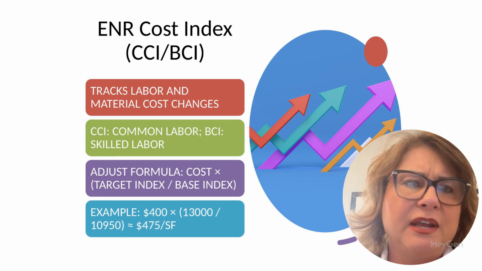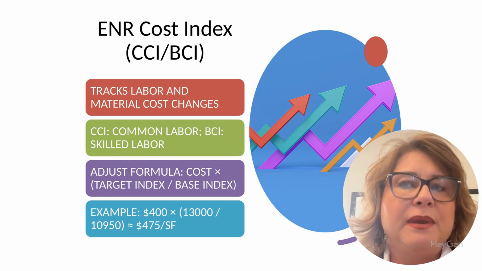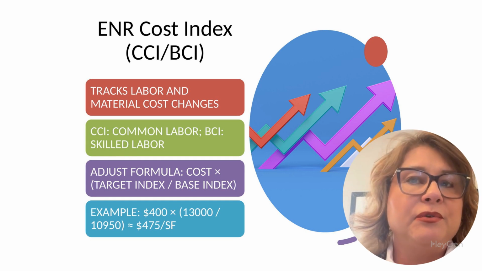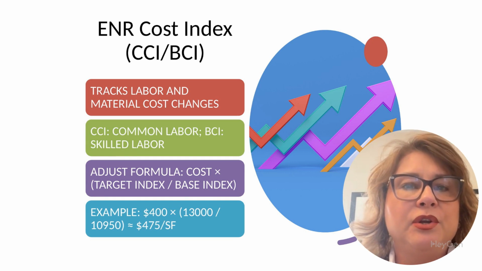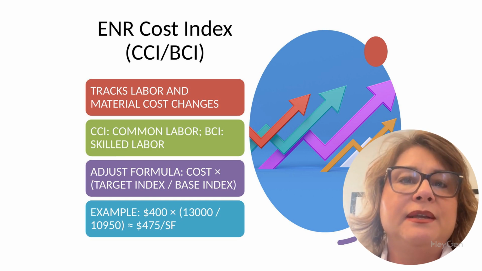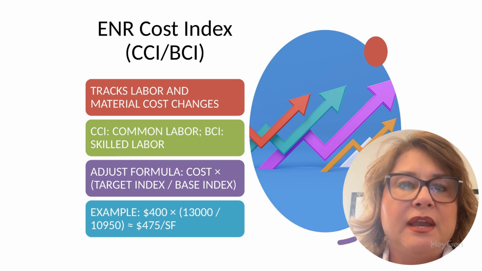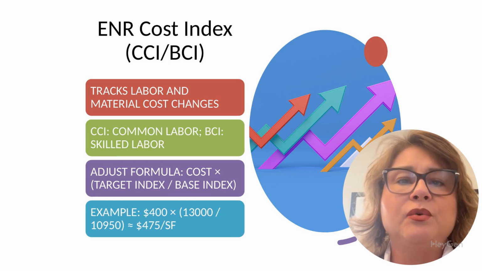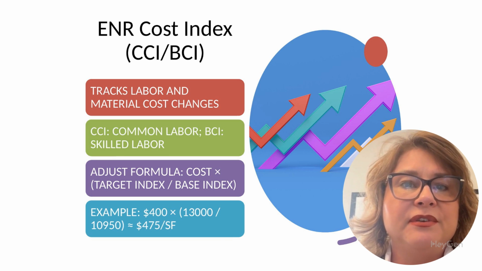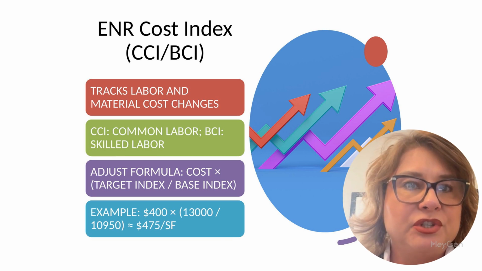Use CCI for broad early estimates based on gross square footage or benchmarking. This is especially useful in conceptual estimating when you're looking at basic structure, envelope, and general building costs. Use BCI if your estimate is focused on systems, like MEP heavy projects, or when you need more detailed trade-specific adjustments.